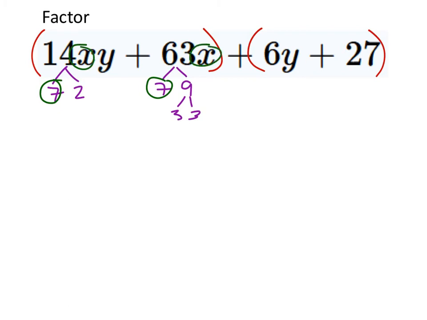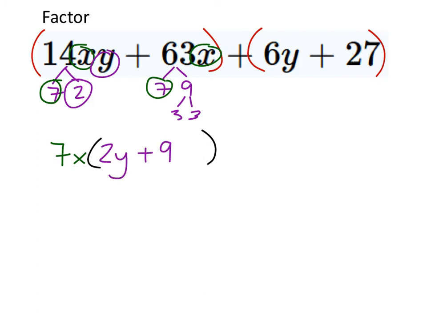So I've broken this down, factoring by grouping, which is nice, into 2 separate factoring problems, okay? So from that first set of parentheses, I can factor out a 7 and an x, and then inside that set of parentheses, I had left over the 2y, and then this is plus 3 times 3 is the 9, and there are no letters with the 9.